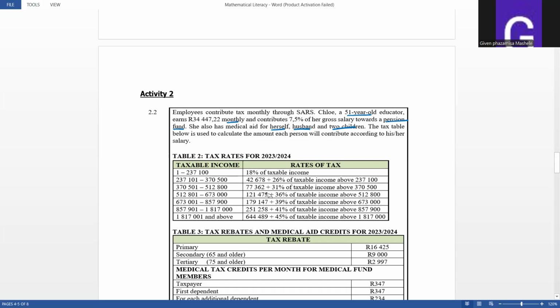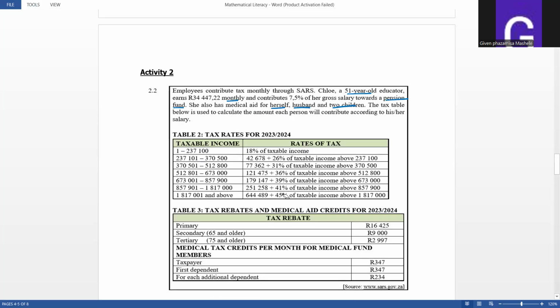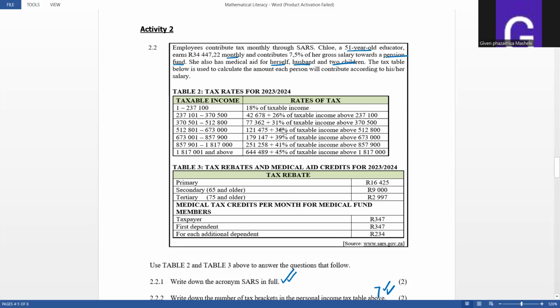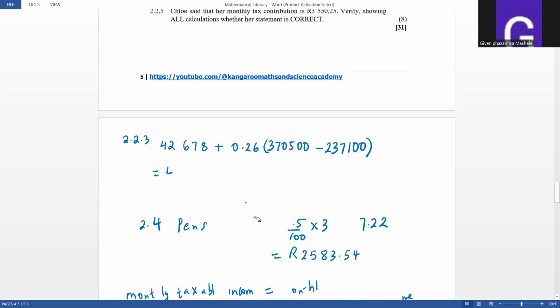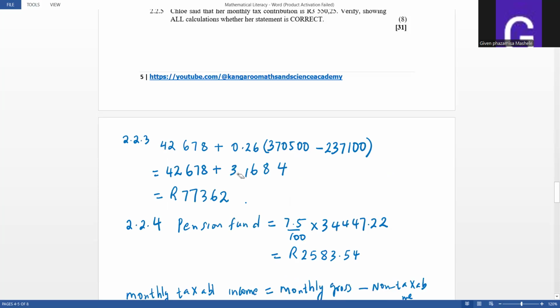I mean to say, sorry, I apologize. It's 4. So it means it will be 77,362 plus 31% of the taxable income that is above 370,500.